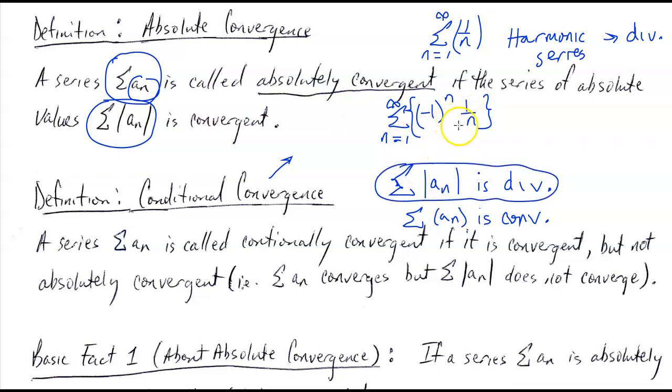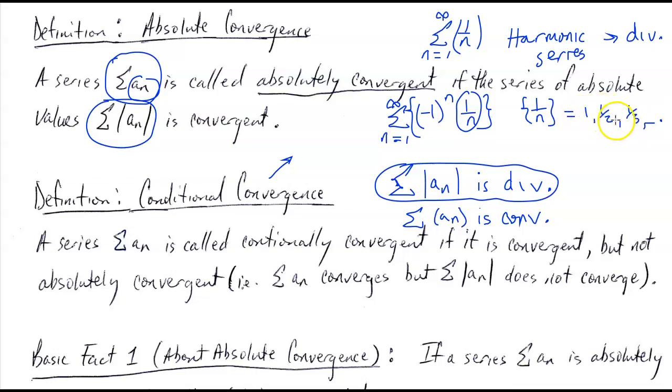But of course, we know by the alternating series test, which says that if we look at this portion of this particular sequence, the numbers that come out as a result of listing these get smaller and smaller, because of course we'll have 1, then 1/2, then 1/3, and it just keeps on going.